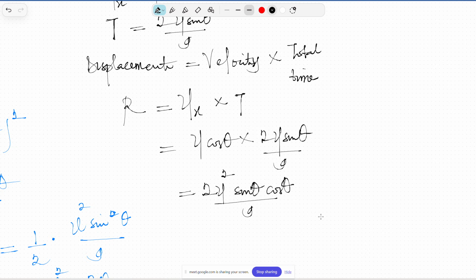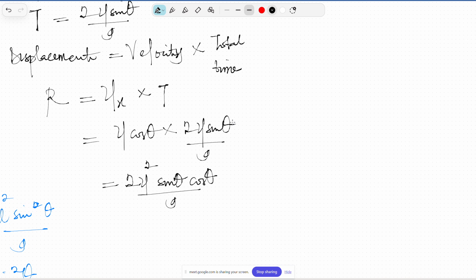To further simplify this, there is an identity that says sin 2 theta is equal to 2 sin theta cos theta.